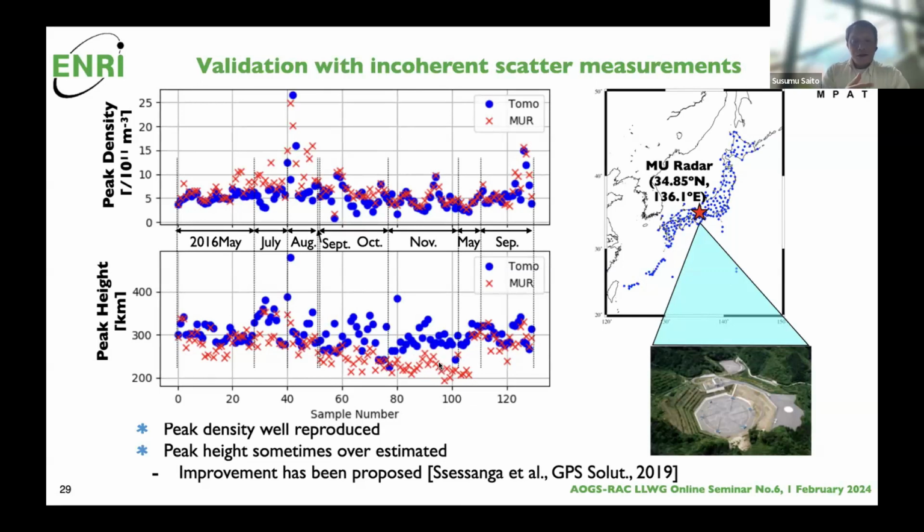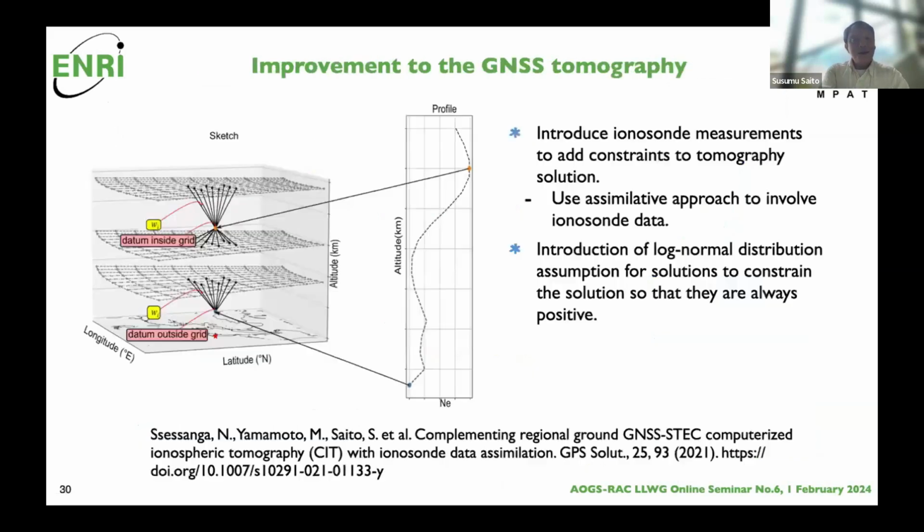So we made an improvement, which was published by Sesanga et al. in GPS Solutions 2019. And it is basically an assimilation, adding more information on the ionosphere peak density and height by using the ionosonde measurement.